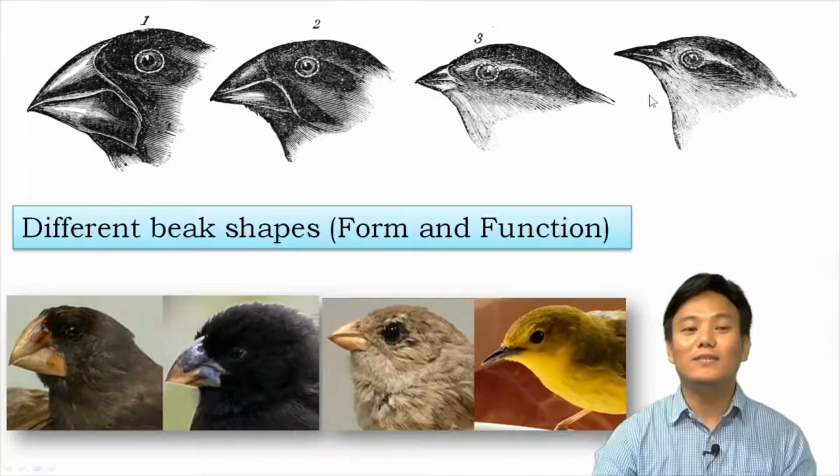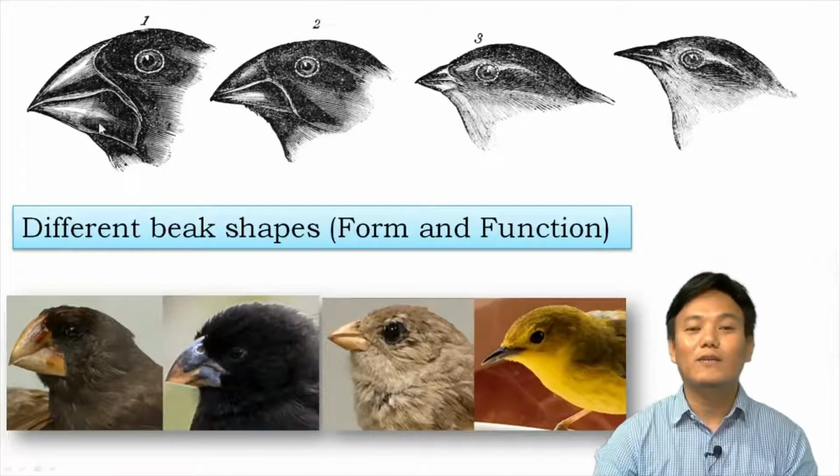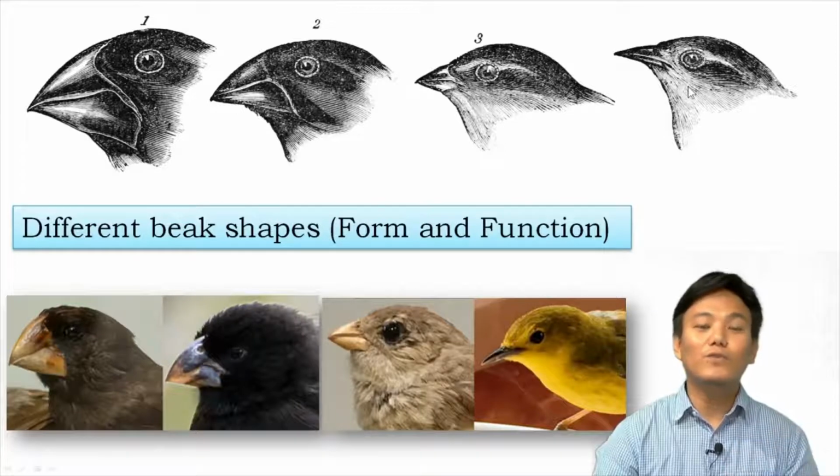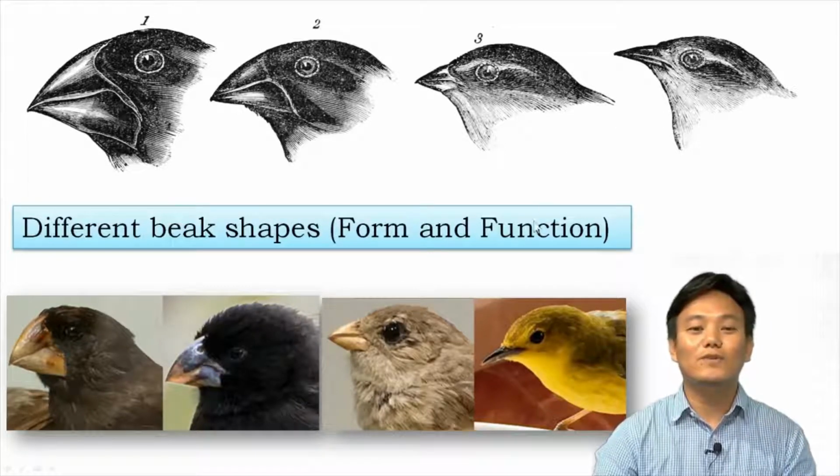For eating insects, they don't need large beaks like the ground finch. So these two finches, which are two different species closely related to each other, have different beak shapes because they depend on different food on the islands. We have to think about the form and function aspect of these beaks.